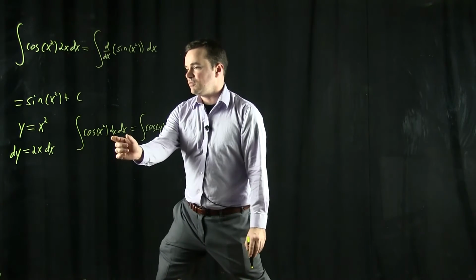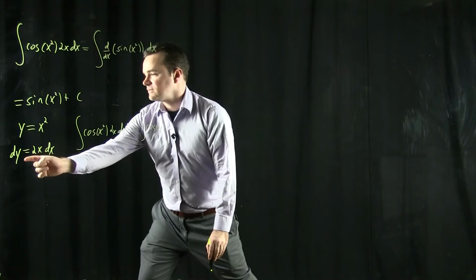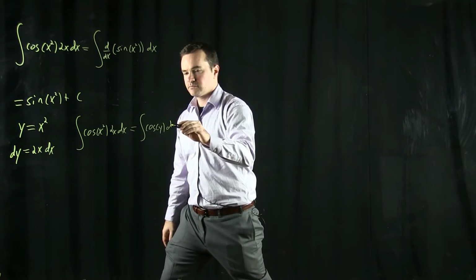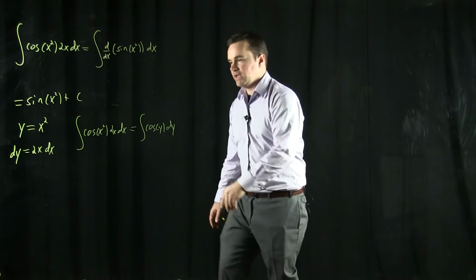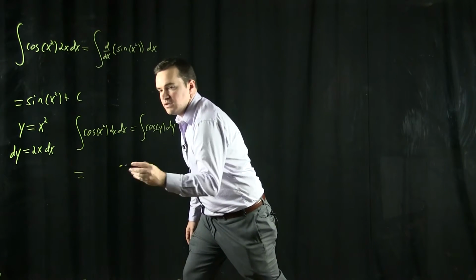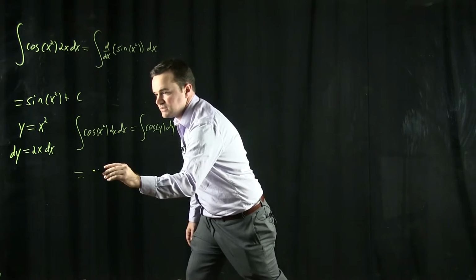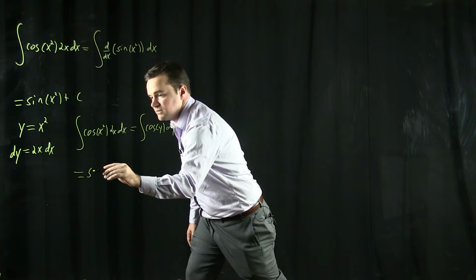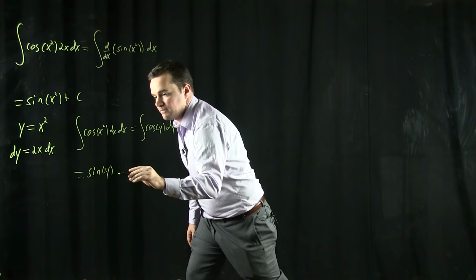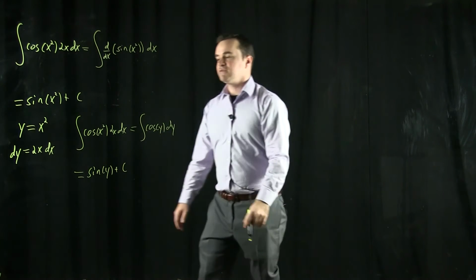And then if you want, you can replace this 2x dx just with dy. And if you do that integral, the integral of cosine of y is equal to sine of y plus a constant of integration.